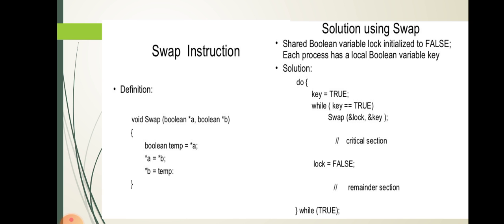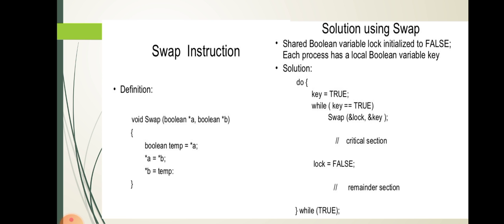Okay. So initially we are once again going to set the lock value as false, and each process has a local boolean variable called key. As you know, swapping of two numbers works the same way, but by using pointers, or you may call it pass by reference. So it is an easy one.